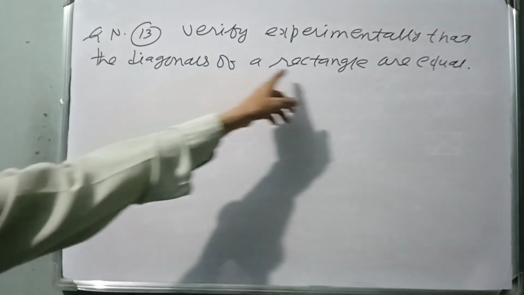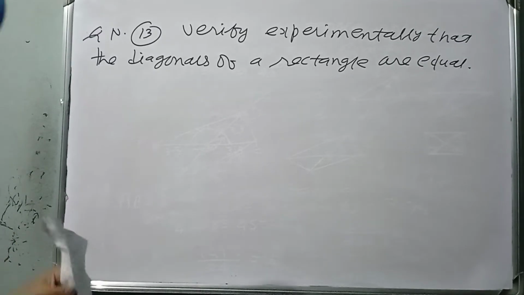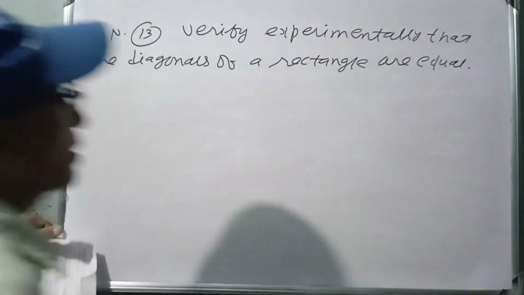That means verify experimentally that the diagonals of a rectangle are equal.